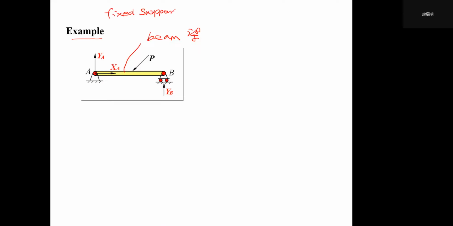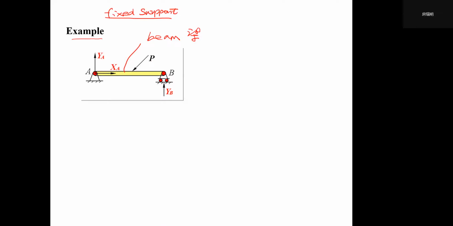Am I right? A fixed support will have two reactions. One is XA along the positive direction of the X axis. Another is YA along the positive direction of the Y axis.